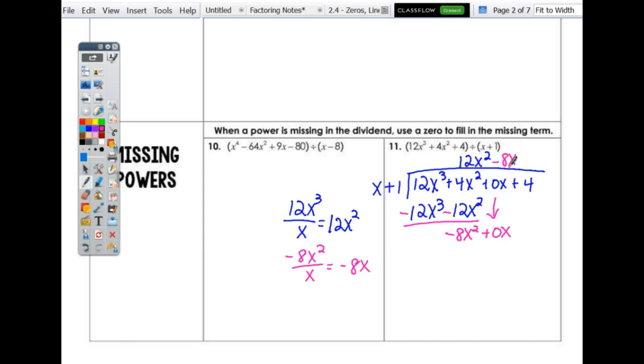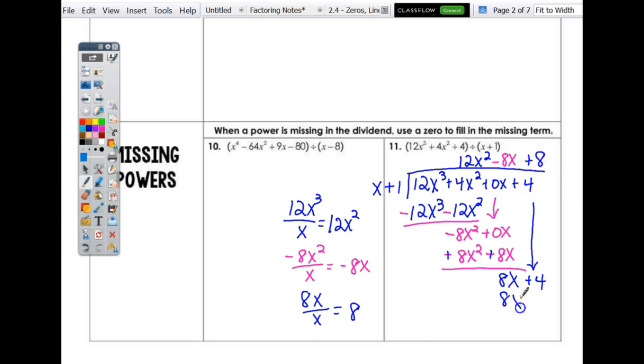Minus 8x times x gives me minus 8x squared. And then I'm going to get minus 8x here. But I have to change the signs, right? So that becomes positive and that becomes positive. These cancel out, 8x, and bring down the 4. So now I'm going to do 8x divided by x, which gives me 8. So I'm going to put plus 8.